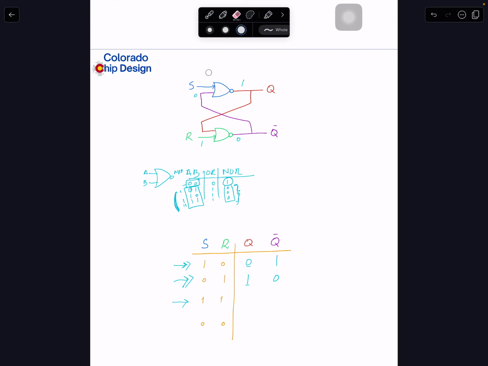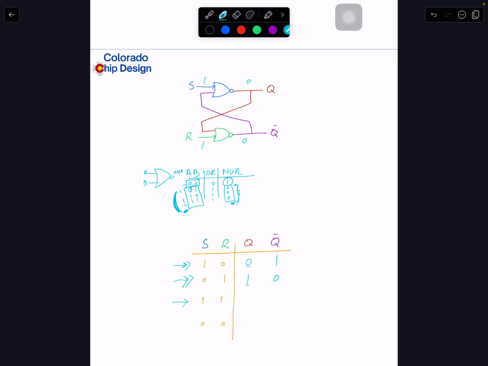Let's clear that. Okay, this is 1, 1. What happens? When one of the inputs is 1, output is 0. And this one is 0.